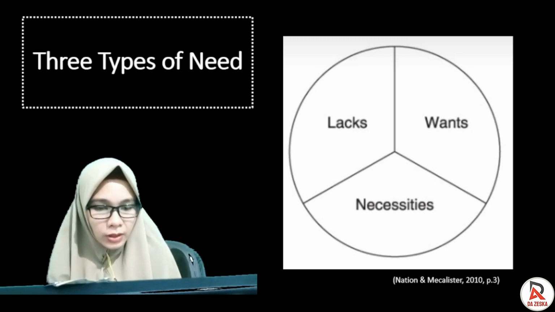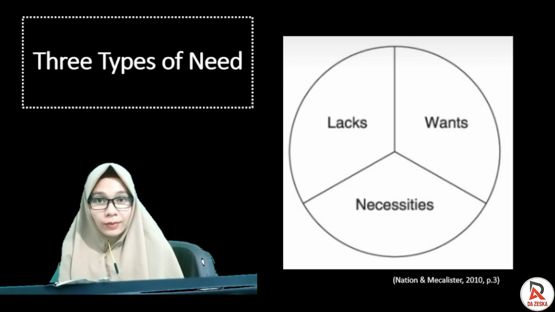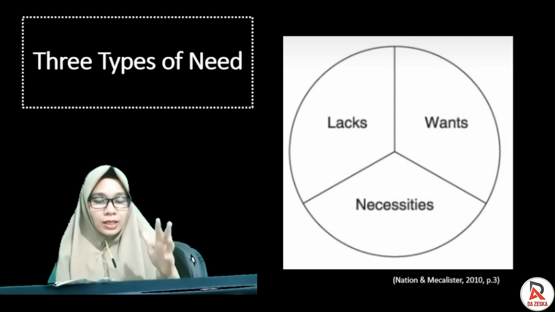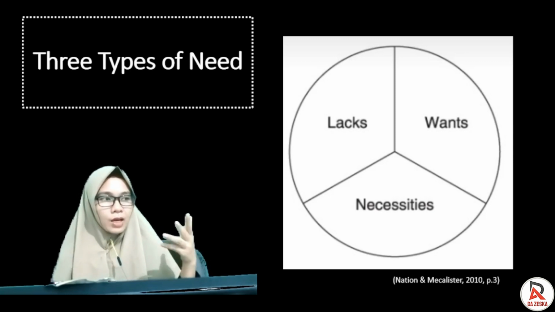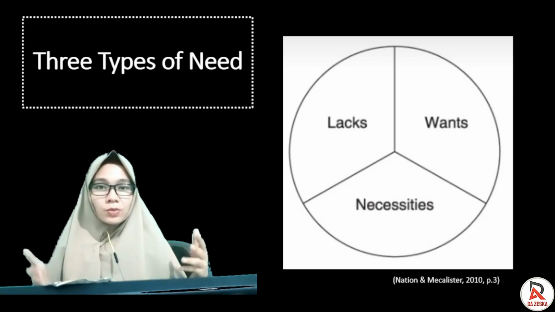And actually, if you are using the curriculum from the government, it has already set the competencies, right? So you just need to develop or make those general competencies become more specific.